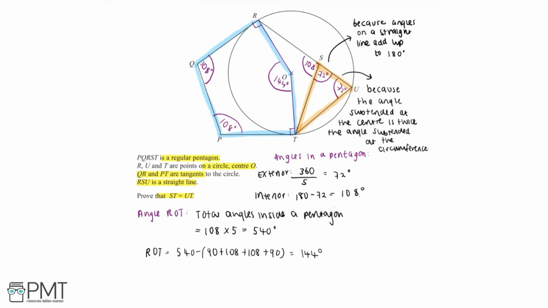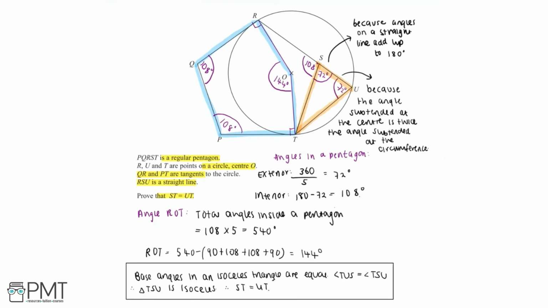We can then correctly identify that triangle TSU is an isosceles triangle. So if triangle TSU is an isosceles triangle, we can say that line ST is equal to line UT. And so we've written this down in our answer below. We said that the base angles in an isosceles triangle are equal. Given that angle TUS is equal to angle TSU, we can say that triangle TSU is isosceles, and therefore line ST is equal to UT.